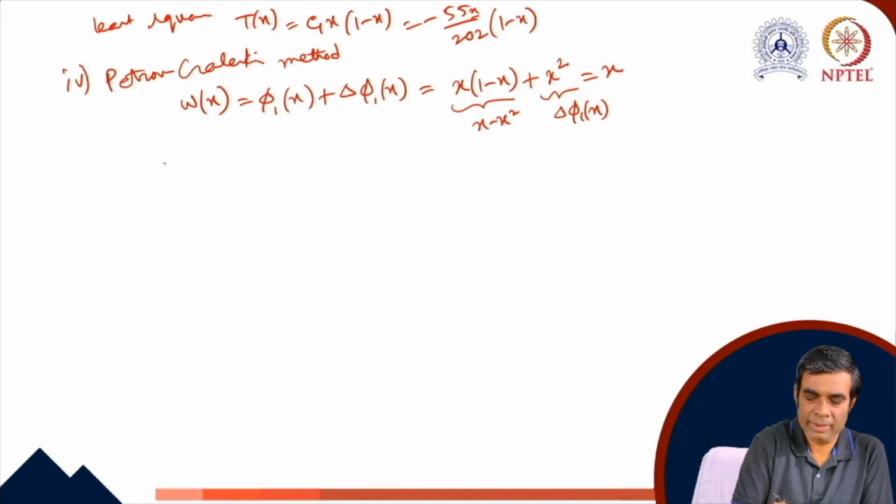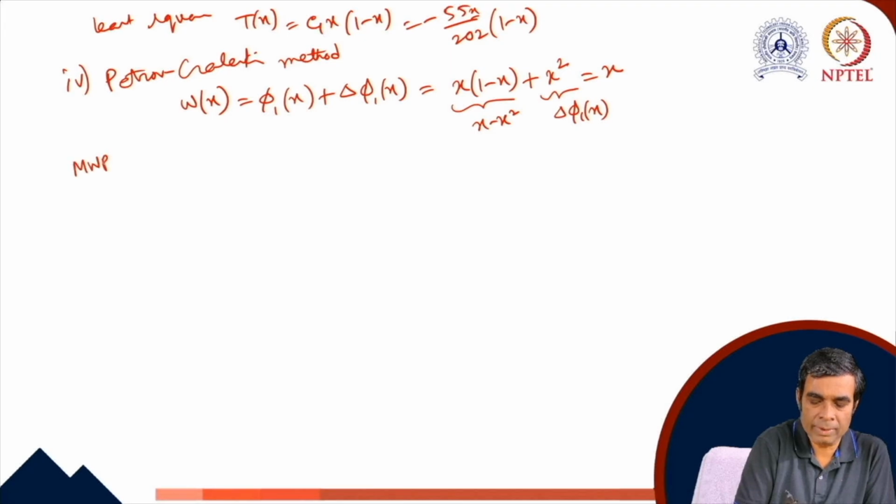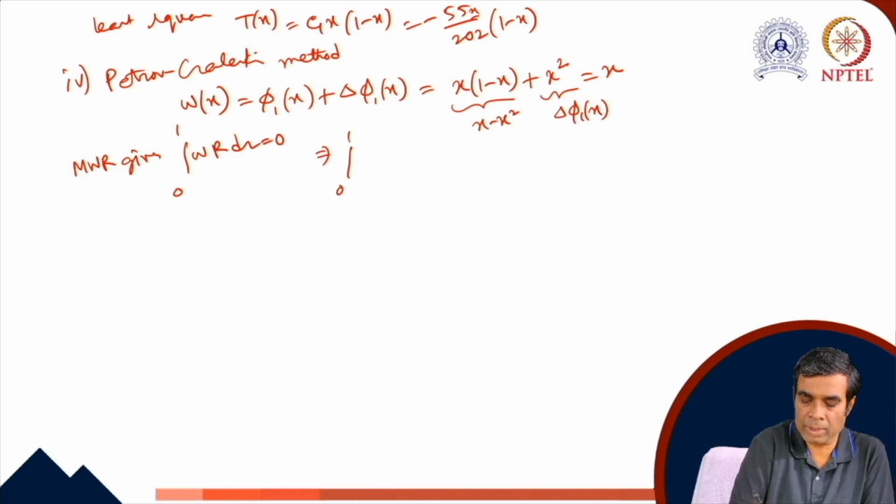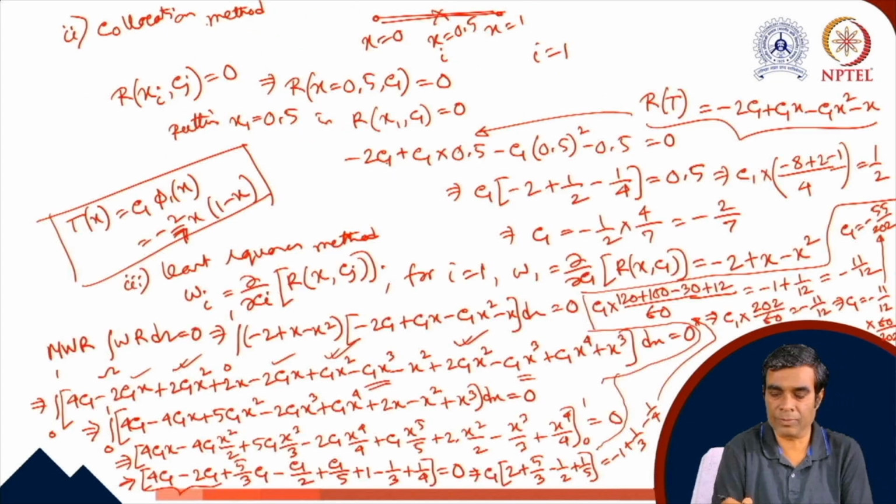Okay. Then if we use the statement of MWR, it gives us integration of 0 to 1 Wx Wr d omega equals to 0. We get from 0 to 1, Wx is x, and the residual, I have to check the expression for the residual once more.